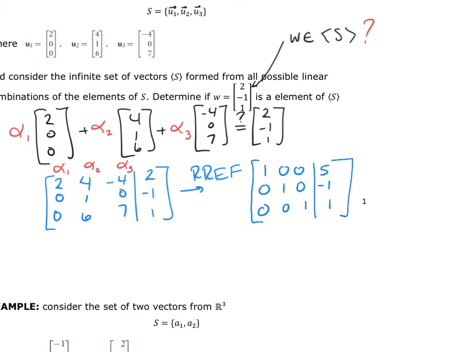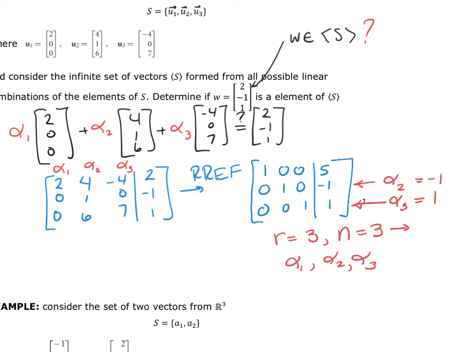Because my number of pivots, r, is equal to 3, and my number of columns is equal to 3, that means there is one solution for alpha 1, alpha 2, and alpha 3. That solution comes from each one of these rows. The last row tells me that alpha sub 3 would have to be 1. This tells me that alpha sub 2 would have to be negative 1. And this tells me that alpha sub 1 is equal to 5.